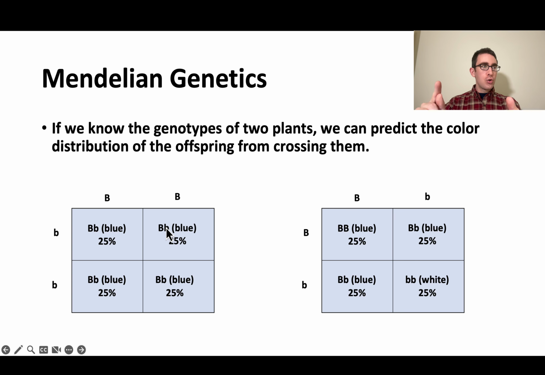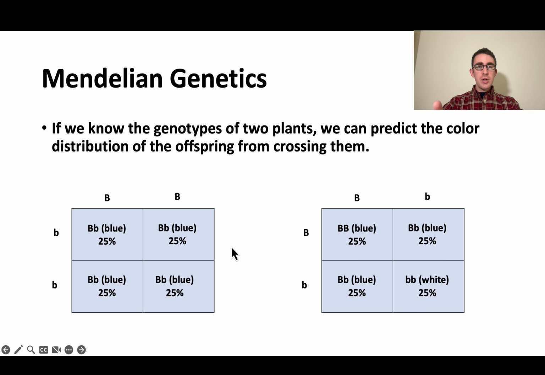Because when you cross two flowers, each of the offspring flowers in the next generation gets one allele from each parent flower. So each flower in the resulting generation will also have two copies, where one copy comes from each parent flower, basically.